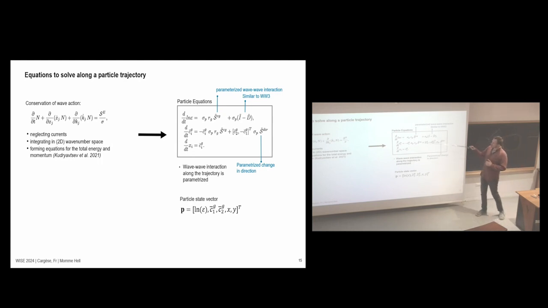And that's the system we solve for each particle individually. Then there's source and sink terms and coupling terms and so on. They look pretty similar as they would look in simple spectrum models, and that's it. That's my particle model. And this creates this particle state vector, as I said before.